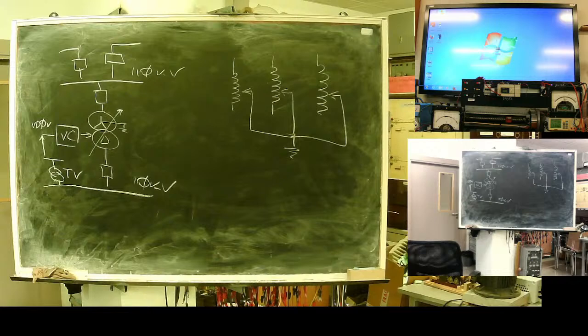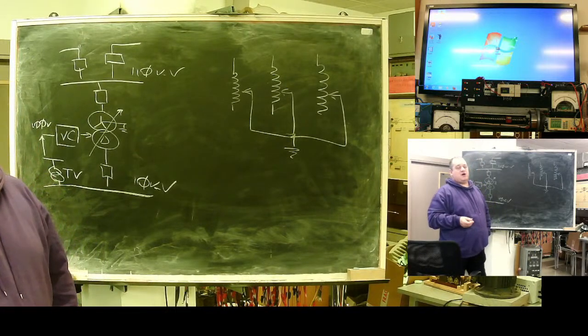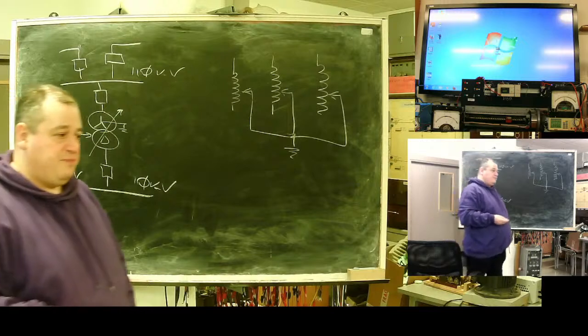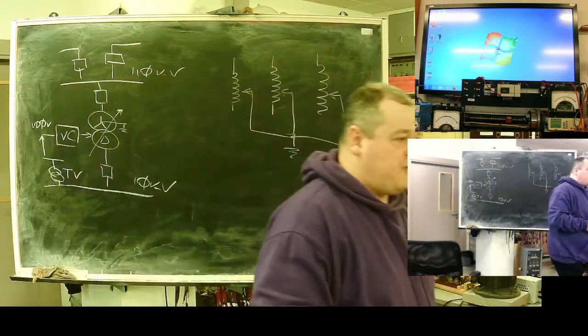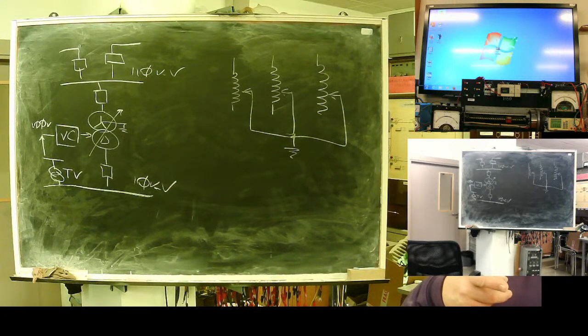Steps are very typically 1.25%, maybe smaller, maybe 1%. Transformers with a range of plus minus 50% can be ordered, typically 12, 15, 20, 24% switching range, in steps of 1% or 1.25%, a very popular value. So the ratio of this large transformer can be changed.